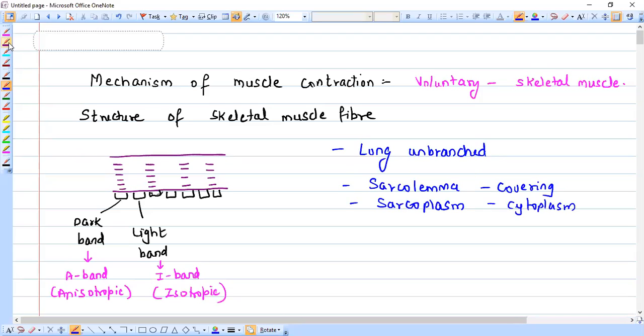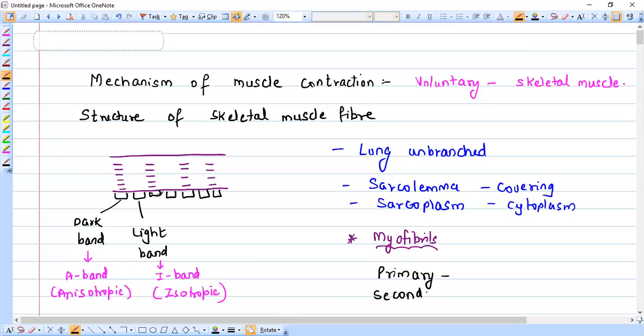Now, most important, we need to remember this. They have something called myofibrils, which is a very important part. When you talk about myofibrils, there are two types that you will study. One is the primary one, which is helping in contraction, and the other is the secondary one.